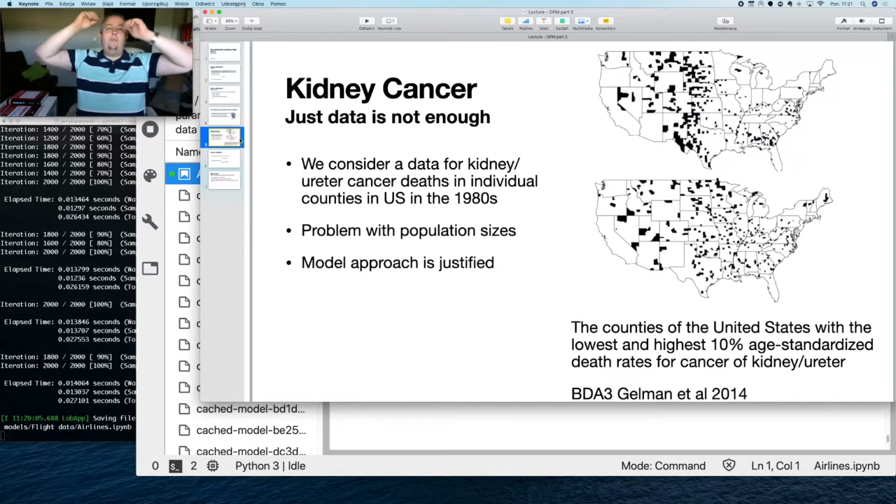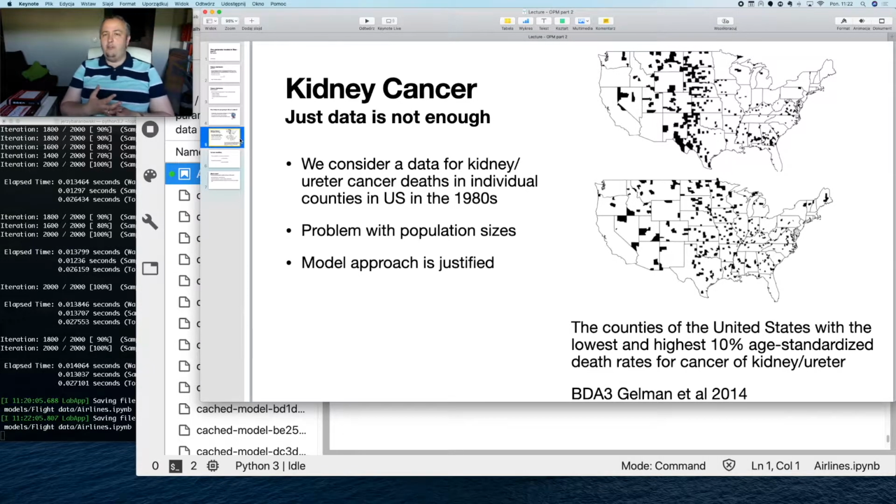This is an example, again from Gelman's book, about kidney cancer. Kidney and ureter cancers are very rare. We have data from the 80s, and it's a very curious situation: when considering the counties in the United States and observing the numbers of deaths from those kidney and ureter cancers, there's a very specific situation.